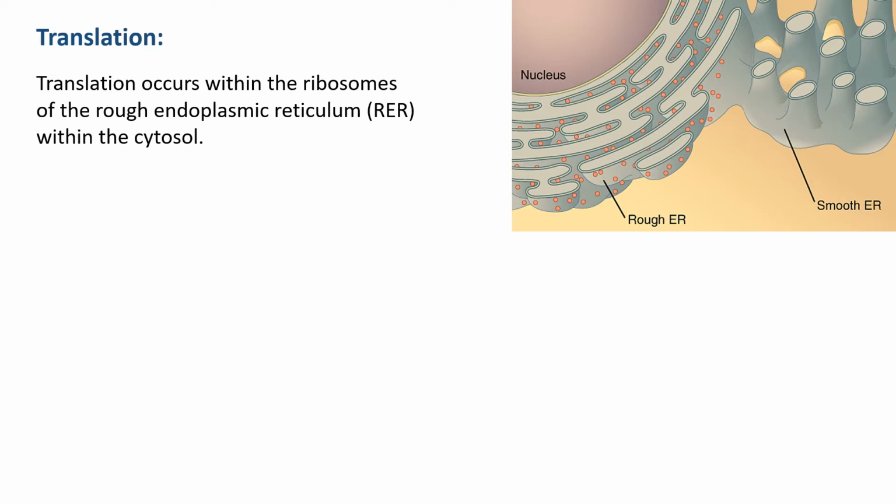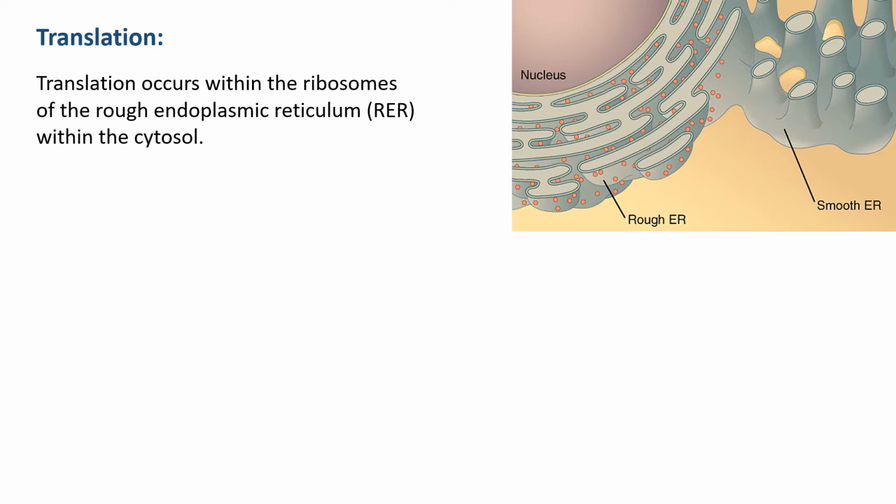So translation occurs in the ribosomes within the rough endoplasmic reticulum. And there you can see in the diagram, this is what leads out from those nuclear pores from the nucleus. Ultimately, the rough endoplasmic reticulum moves through little corridors into the smooth endoplasmic reticulum.